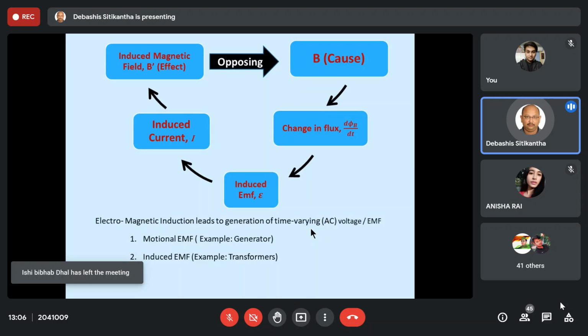That induced current produces an induced magnetic field, which opposes the very cause of it, the magnetic field produced by the original moving magnet. This is what we studied in Lenz's law.